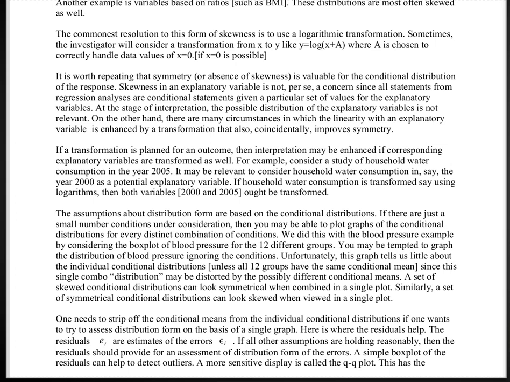Here, a simple box plot of the residuals can help, say, with the detection of outliers, which I've mentioned earlier, or possibly enable a display that's often called the QQ plot. There's lots of names used here, or sometimes it's called a probability plot, where one is attempting to determine whether or not there's evidence of skewness, or evidence against symmetry, or evidence against normality.